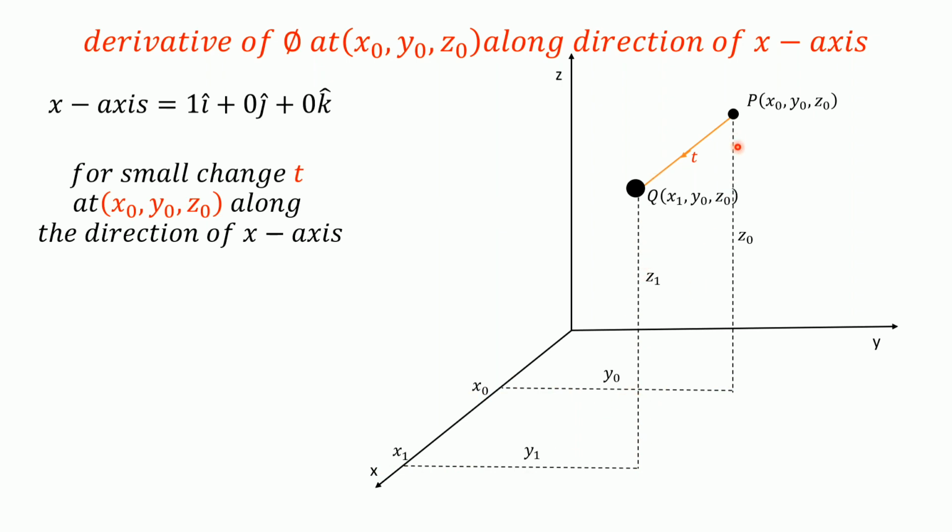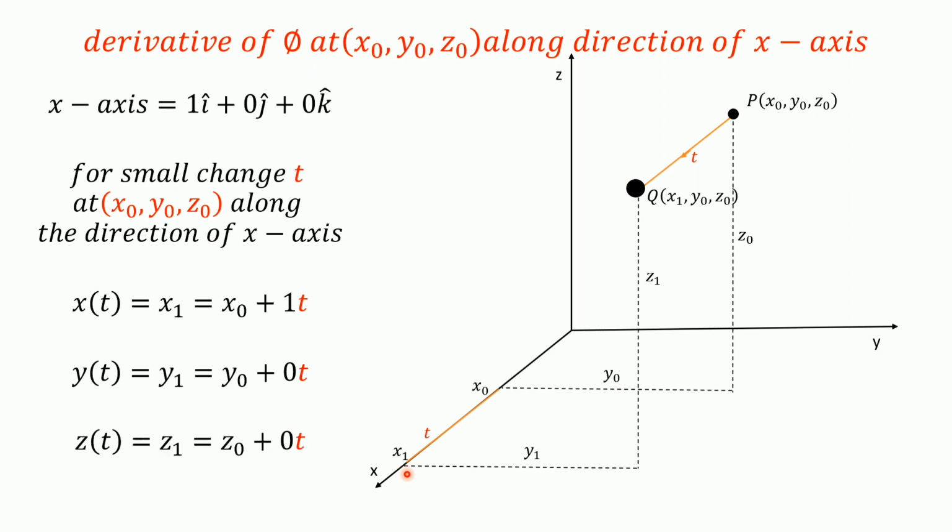Similarly, z1 and z0 are the same because the change is along the x-axis only. So only the x coordinate changes, by the distance t. So we get x1 as x0 plus t, y1 as y0, and z1 as z0.